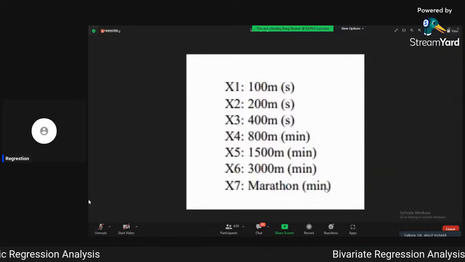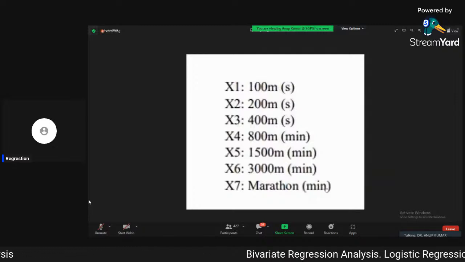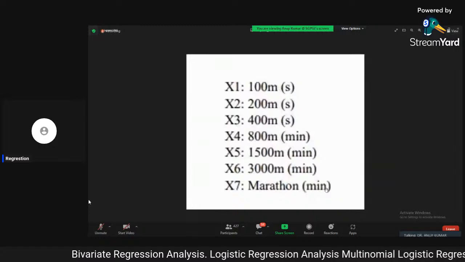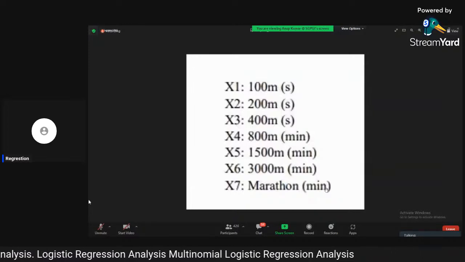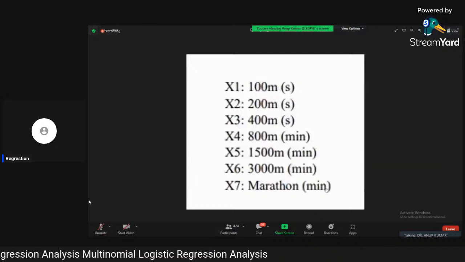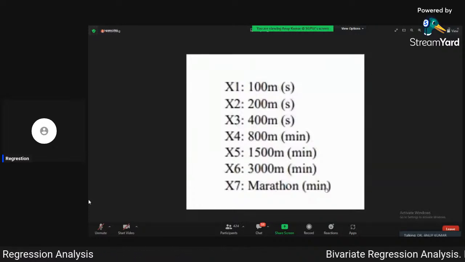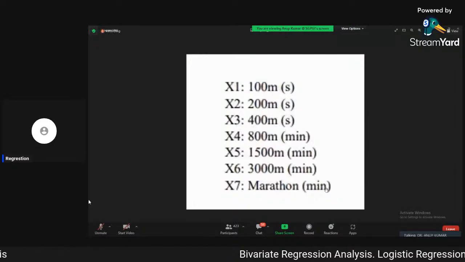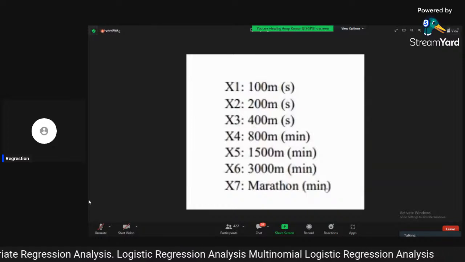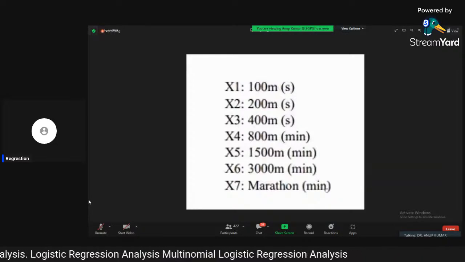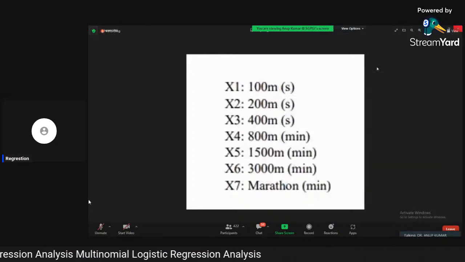X4 is time taken for 800-meter in minutes. X5 is time taken for 1500-meter in minutes. Similarly, X6 is time taken for 3000-meter in minutes. And X7 is time taken for the marathon in minutes.